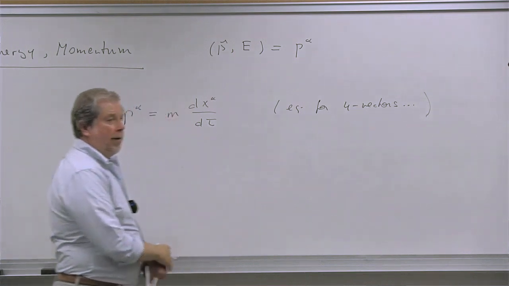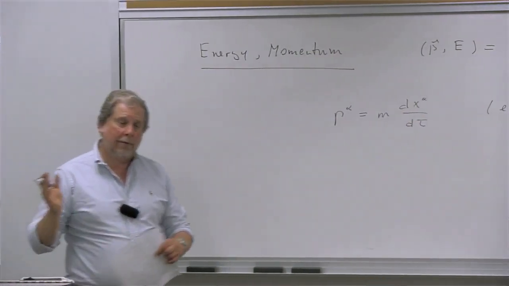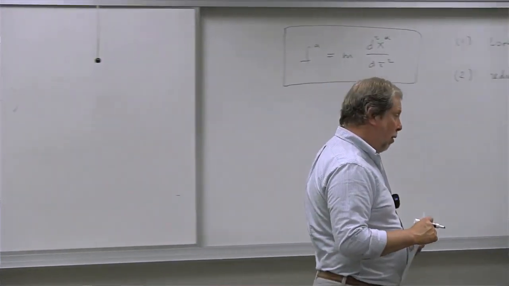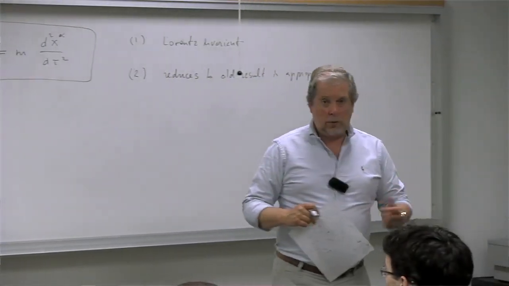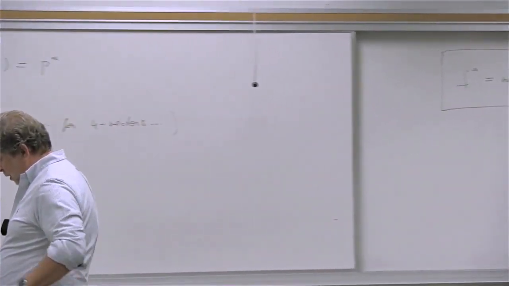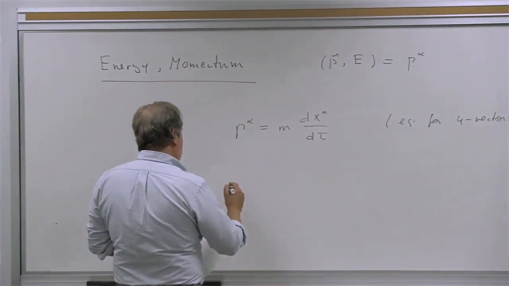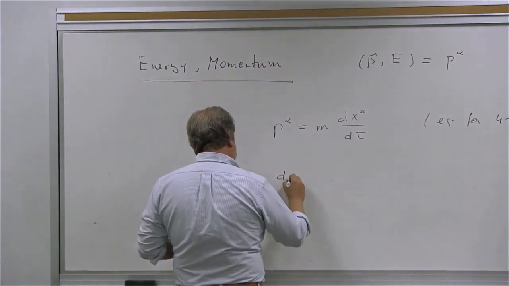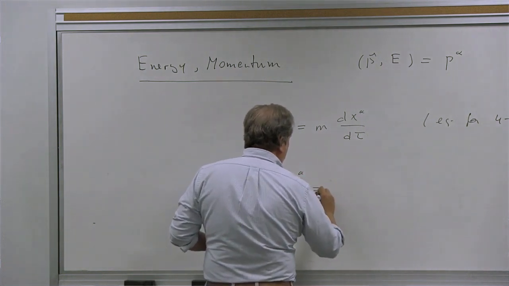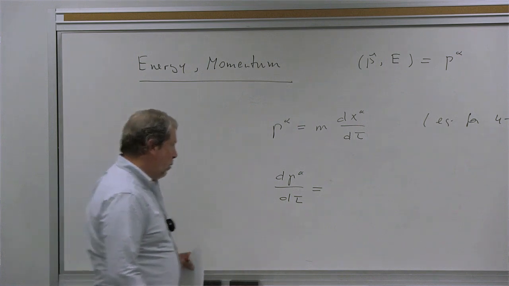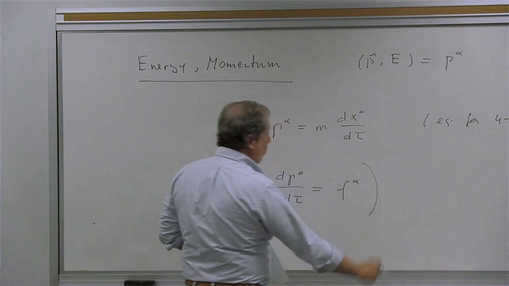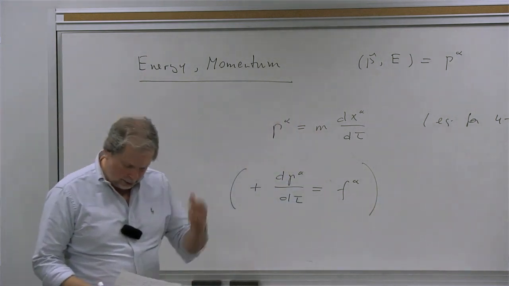Right, this is an equation for 4-vectors, which means that if it is satisfied in the frame O, it will also be satisfied in the frame O prime, where you replace all coordinates and p's and so forth by their prime counterparts, with the d tau being invariant, right? And so we can write the equations of motion we had a moment ago. We can write that as dp alpha by d tau is equal to our 4-force, which is F alpha. So we can add that to this, and of course it's just a rephrasing.